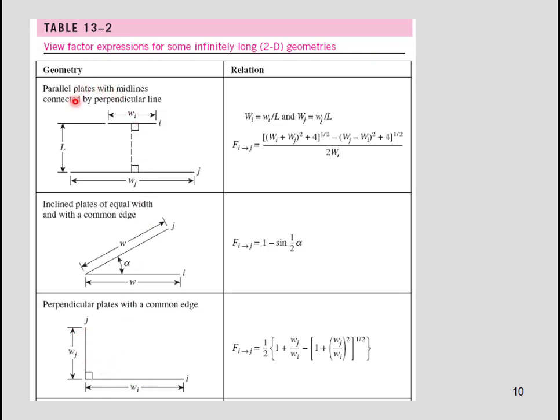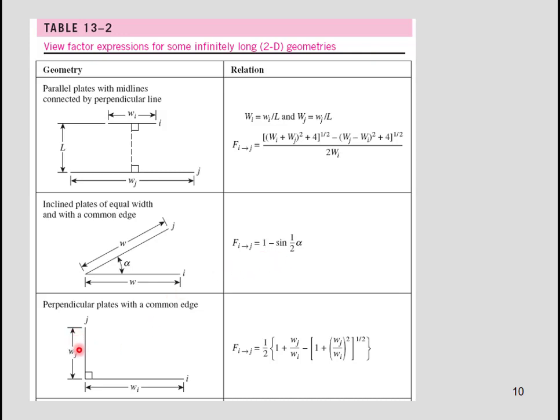So for different geometries like parallel plates with midlines connected by a perpendicular line like this, we can find the view factor from surface i, this one, to surface j by this equation, by knowing their width and their distance from each other. And for inclined plates of equal width and with a common edge, like this configuration, the view factor from surface i to j can be calculated simply by this equation.